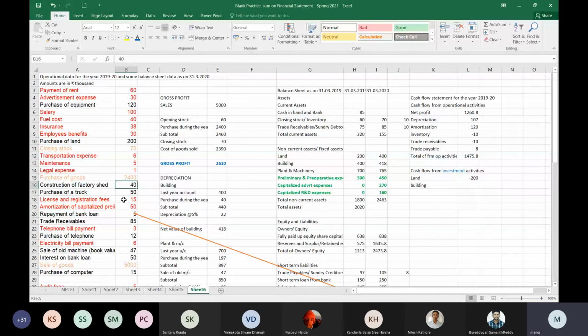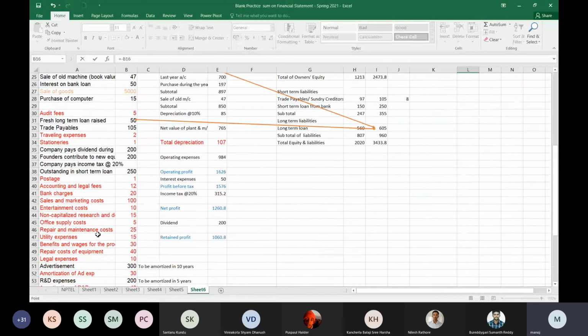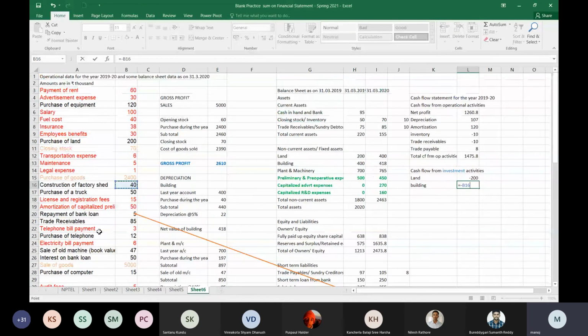This is a negative cash flow under building, minus 40, because you have constructed a building paying money. So money has gone out. So building is equal to minus this. And if there is any other, that also has to be minused because that is negative cash flow. Gone. Machinery.